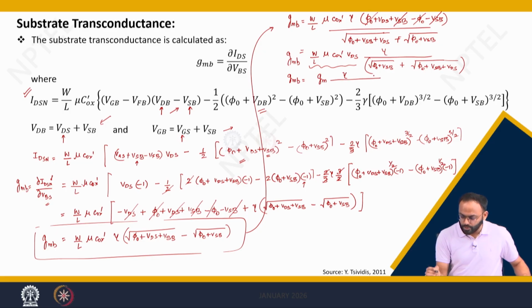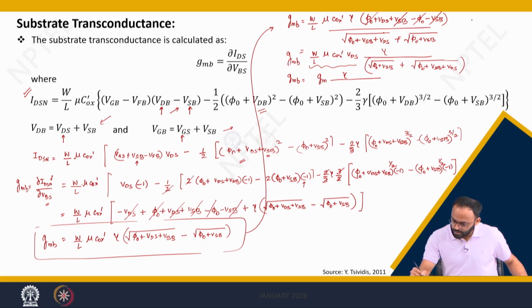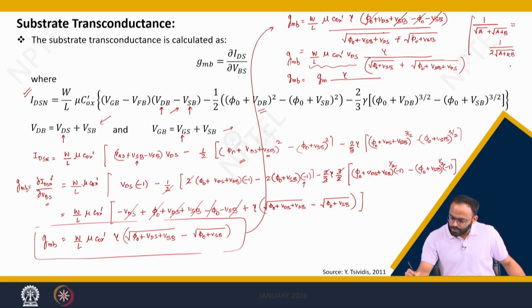Now, here I will use an approximation as if I do have a factor like 1 over square root of A plus square root of A plus B, then for simplification I can rewrite as 2 times square root of A plus some constant into B. This is same as at B equals to 0.